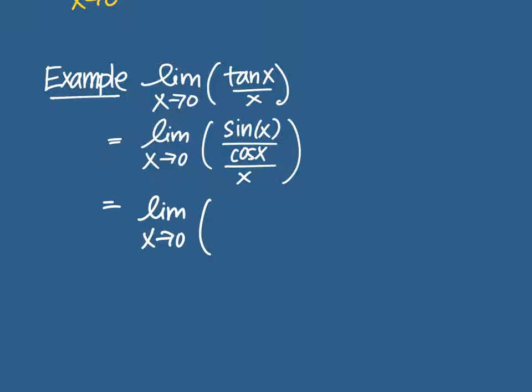Now you're going to do some legal rearranging of things. I want to have sine of x. So instead of having sine of x over cosine of x over x, I'm going to write it as sine of x over cos of x times 1 over x. Totally legal, multiplying by the reciprocal.